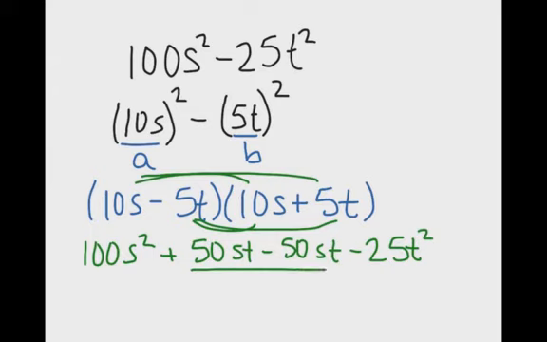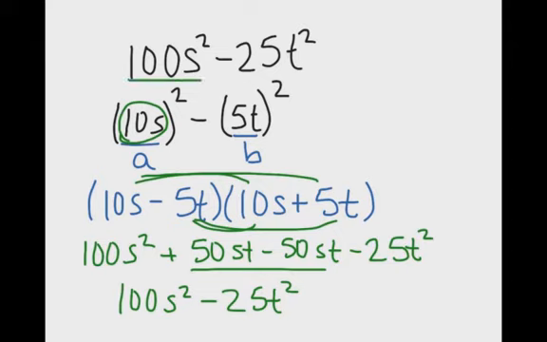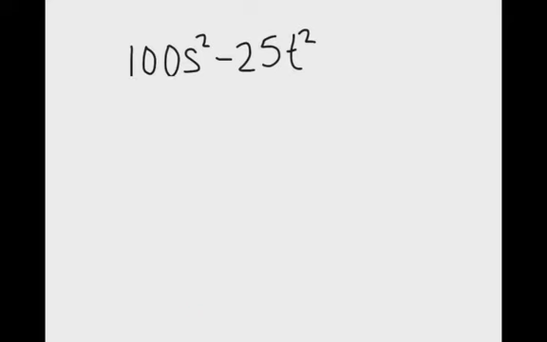Once again, our middle terms are going to cancel out, so we are left with 100s squared minus 25t squared. All right? So it's pretty simple. All you have to do is find a and b, so the square root of whatever you start out with, and then just plug them into the parentheses.